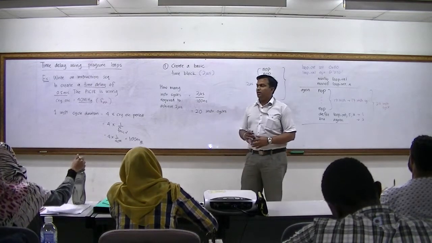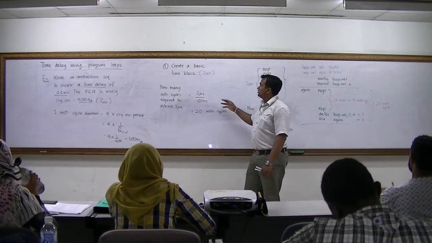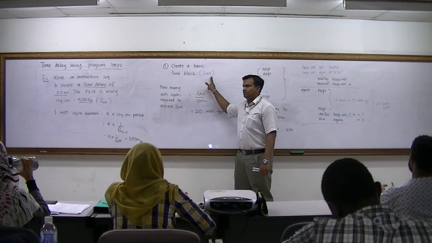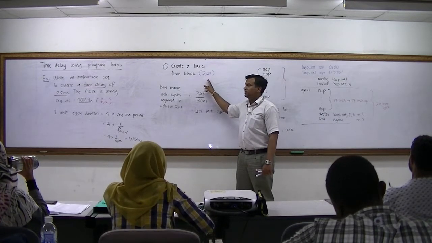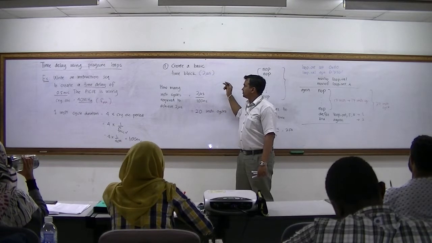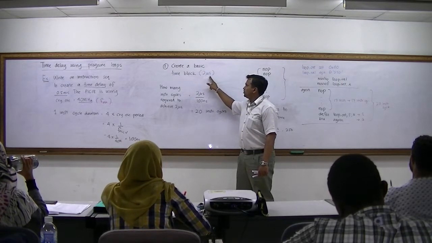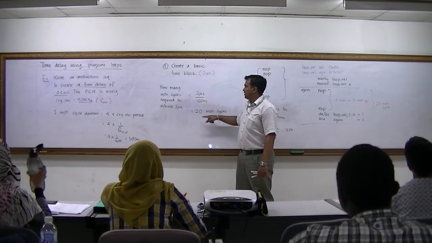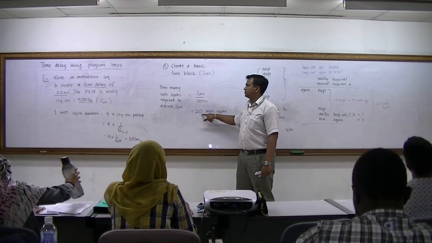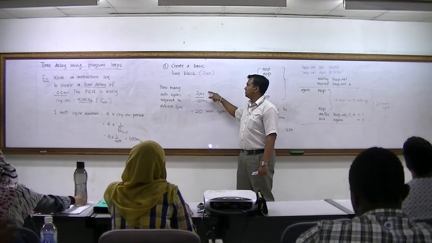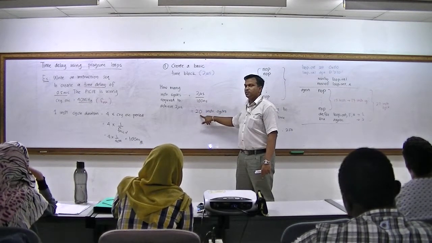So just now, Nathan was asking, this 2 microsecond, is it fixed? No. You can choose whatever value that you want. If you choose a bigger number here, what do you think happens to the instruction?